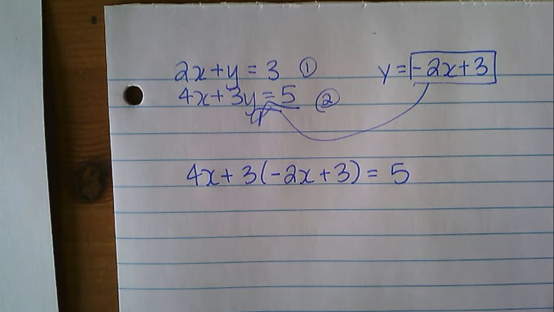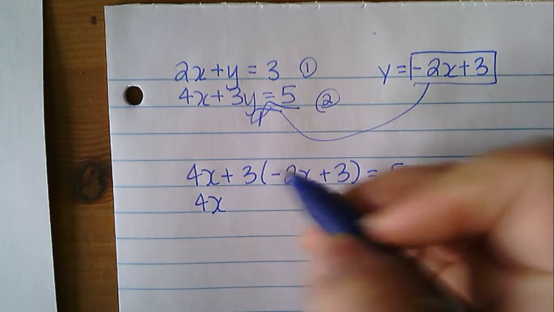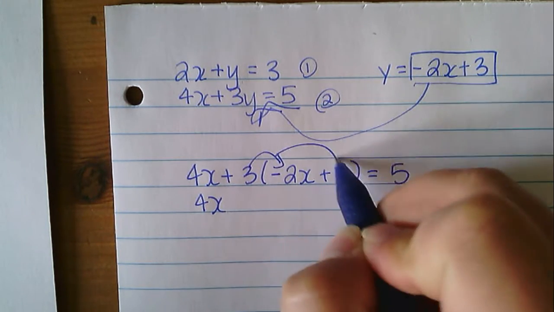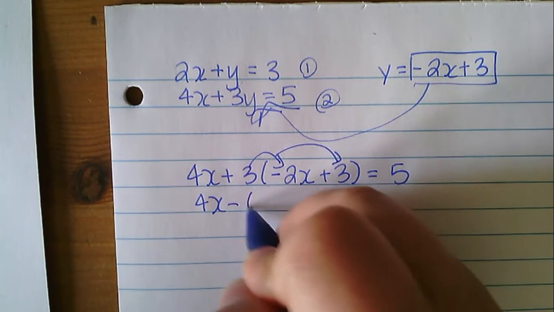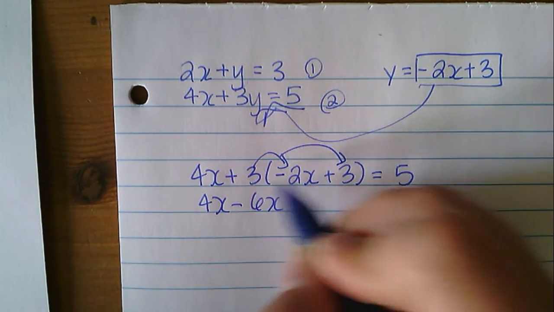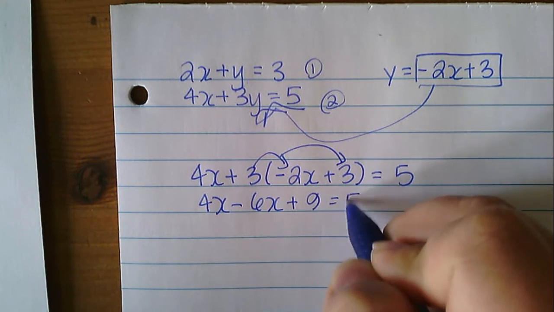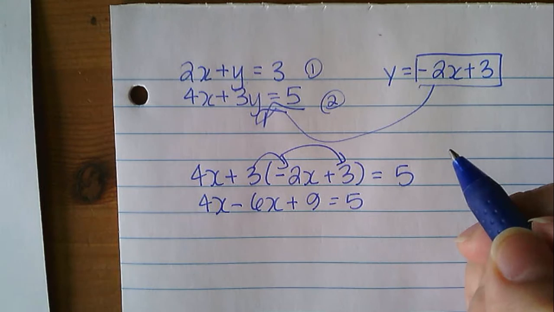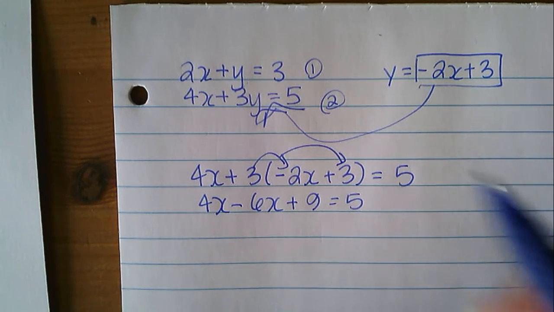Now remember the distributive property that we used all the way back in chapter 3 right at the beginning. We still have 4x. Now the 3 is distributed to both of these terms. So we have 3 times negative 2x, which gives us negative 6x, and 3 times a positive 3, which gives us positive 9. Then we just need to finish our equation: combining like terms and then solving for x.